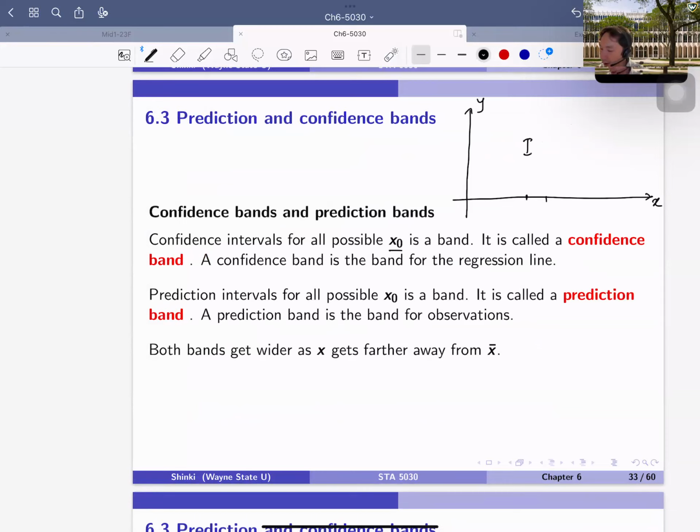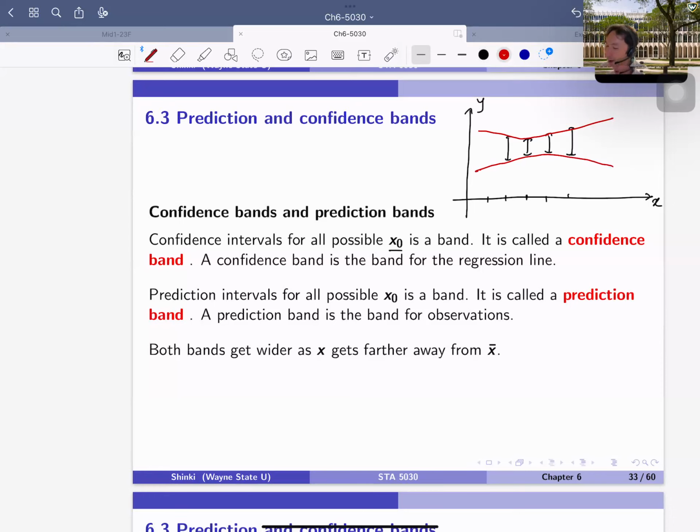At another value, we have a confidence interval here, and another here, and so on. For each x value we can calculate the confidence interval. Then if we connect these confidence intervals, we get the band.